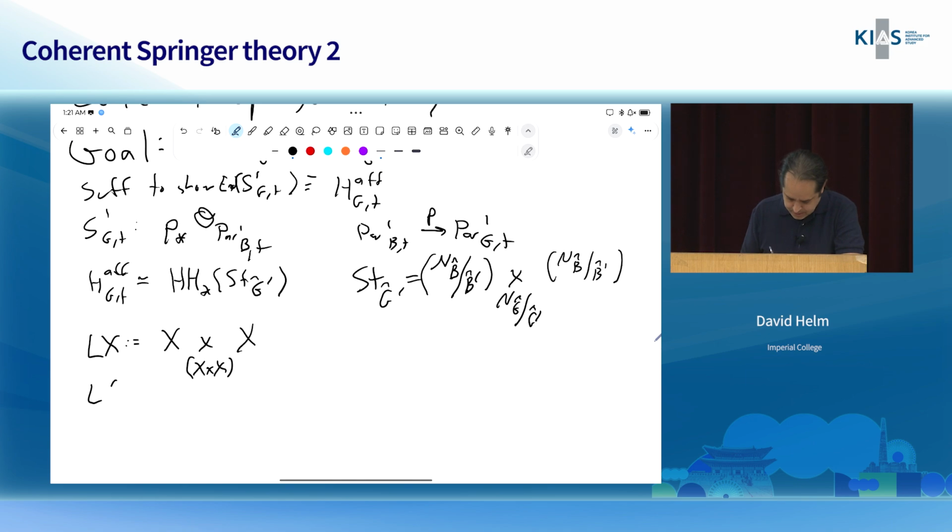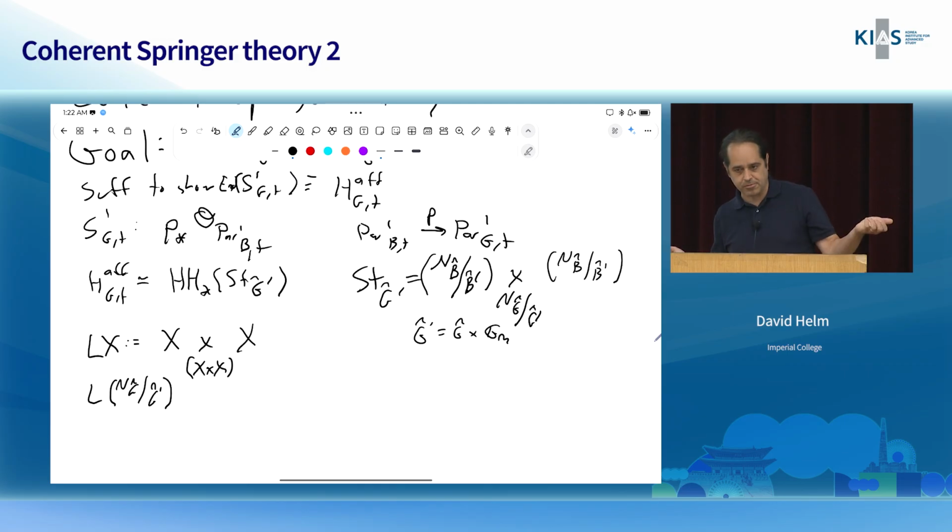And what we had seen was that the loop space in particular of G hat prime was G hat crossed with an extra copy of G m. That was where this parameter t that we had thrown in was coming from.